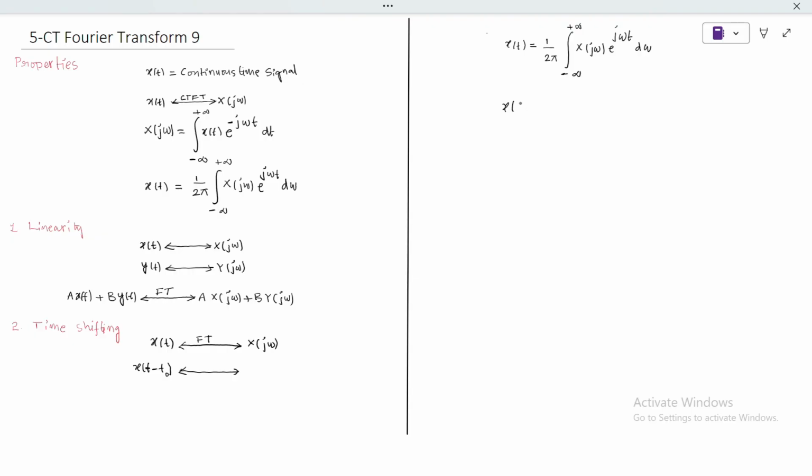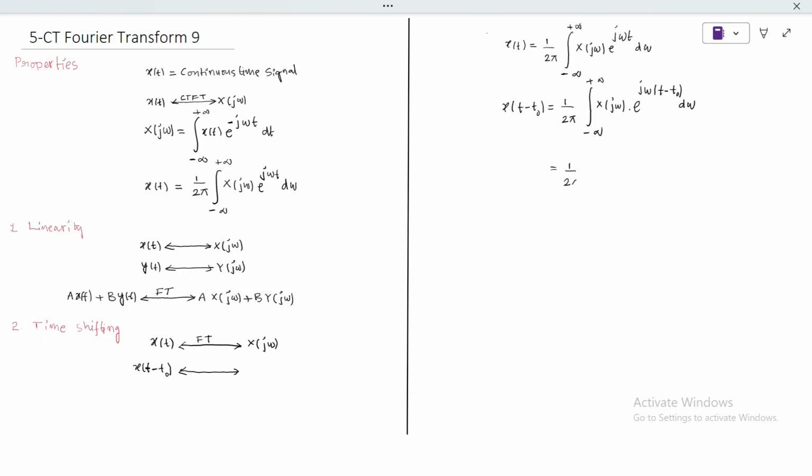Just substitute t minus t naught in place of t: x of t minus t naught equals 1 by 2 pi times the integral from minus infinity to plus infinity of x of j omega into e power j omega into t minus t naught into d omega.